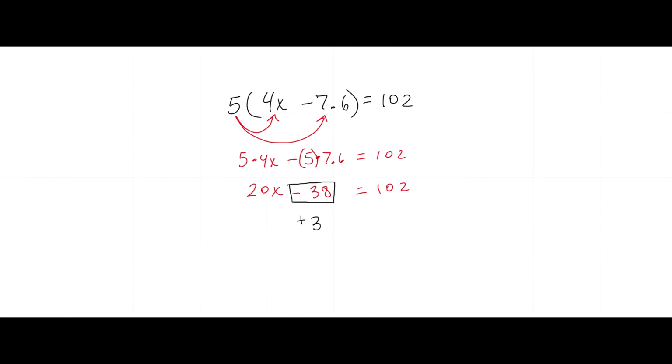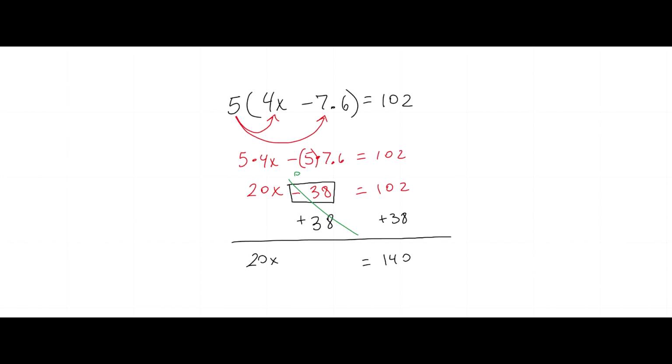In order to cancel this number, we need to add 38 on both sides of the equation. So we draw a line here, and we bring down the 20x. These two numbers cancel out to be 0, bring down your equal sign, and then you have 140.